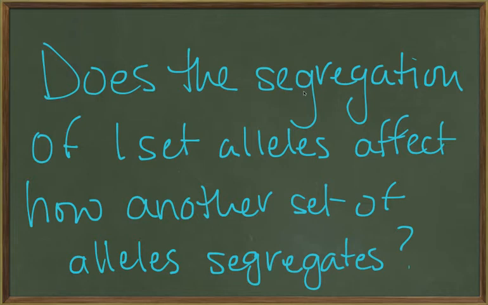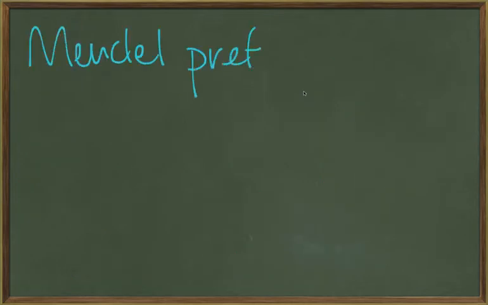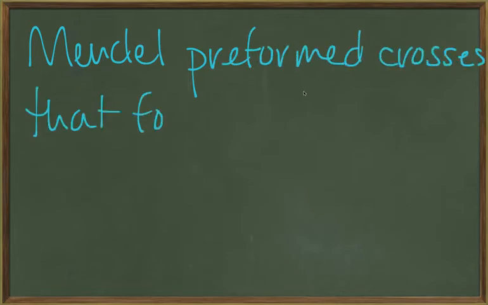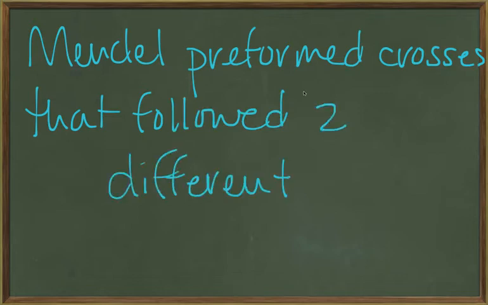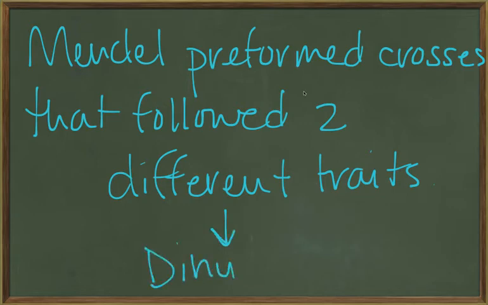He stayed with those, but now he looked at 2 traits together. For example, Mendel performed crosses that followed 2 different traits. And this is what you call a dihybrid cross.